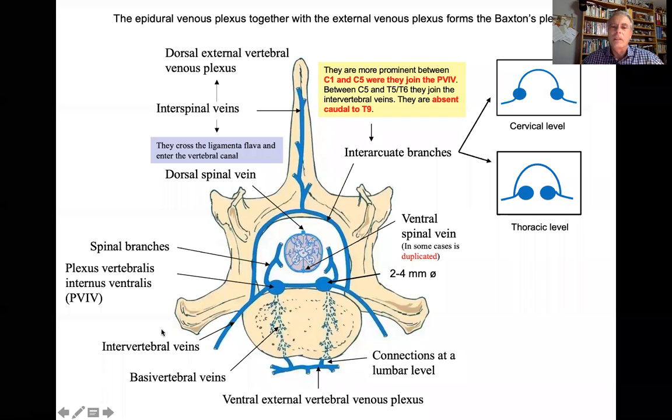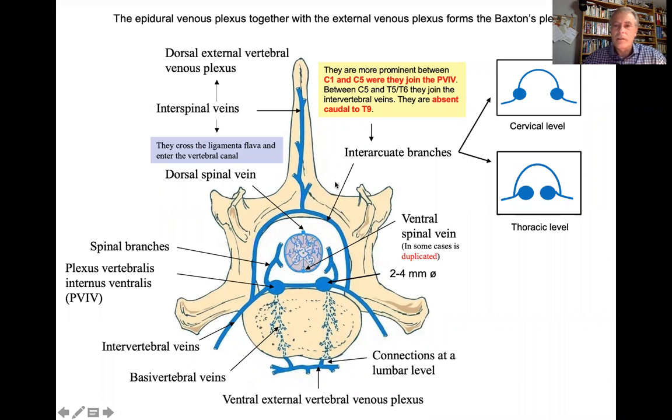So, what are these interarcuate branches? They are formed by the interspinal veins that run through the ligamentum flavum, and divide into these two branches that reach the intervertebral veins or the plexus vertebralis internus ventralis. It depends.